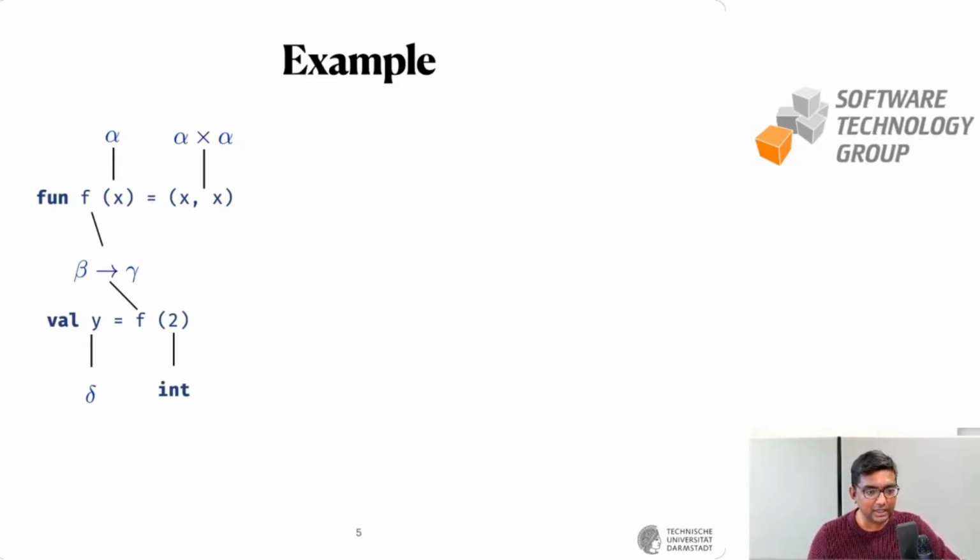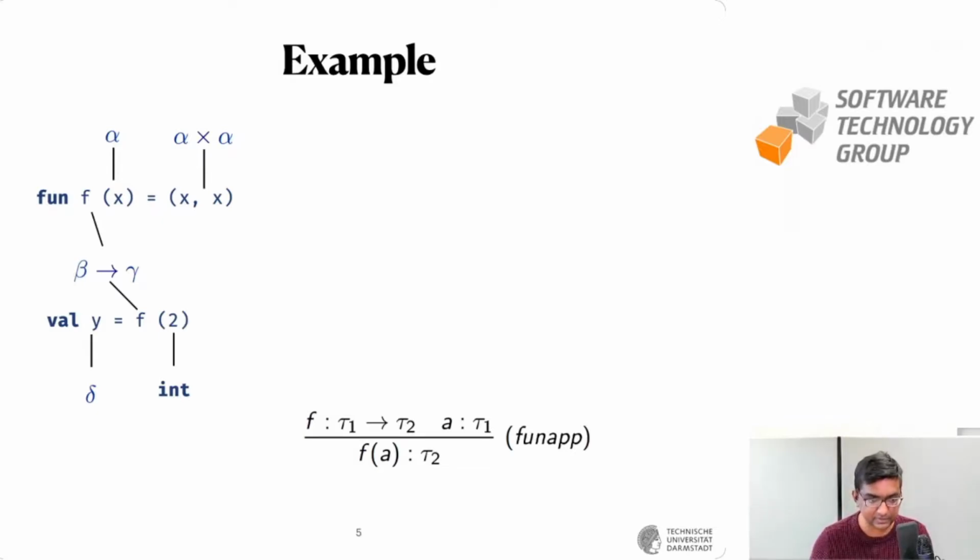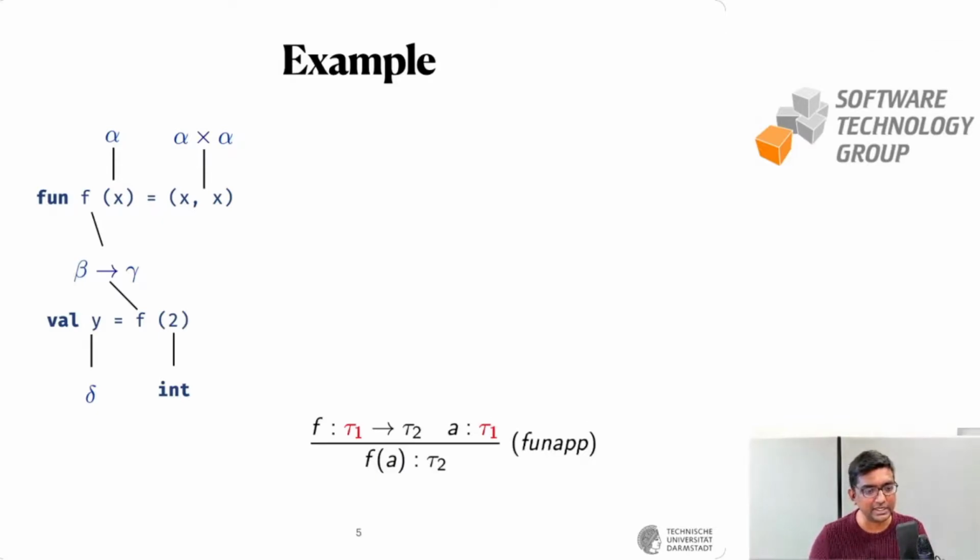Now let's look at the function application rule, which we saw before. The function application rule states that if your function goes from type 1 to type 2 and the type of a is type 1, then applying f on a gives you type 2. Now we know the value of a, which is int here, so we can go from there.